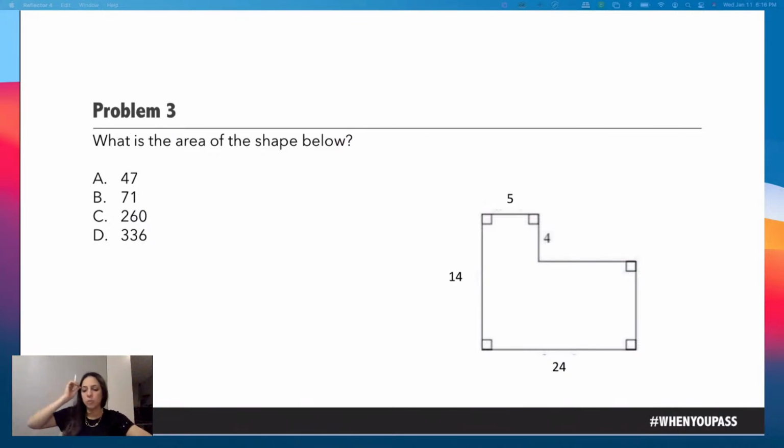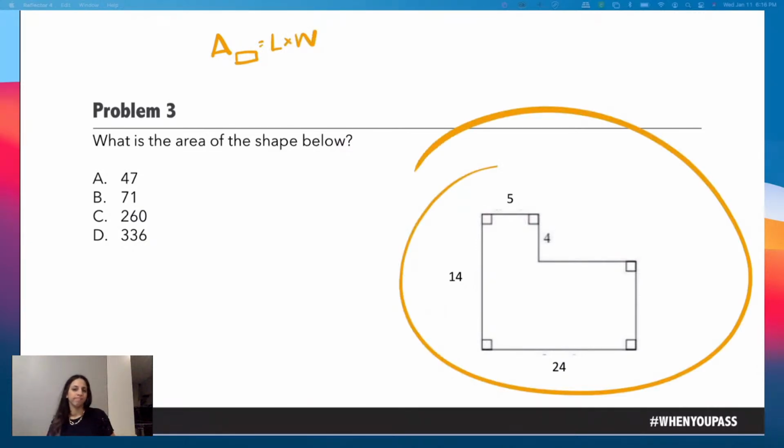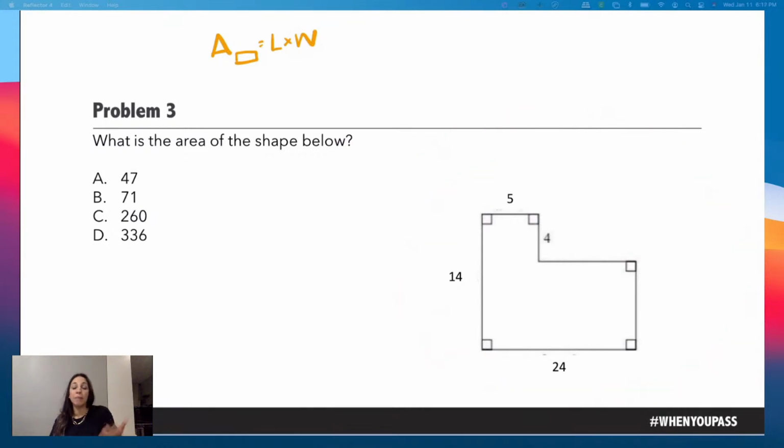So when we look at this problem, I immediately see a shape that I don't have a formula for. I know the area of a rectangle equals length times width. But is this a rectangle? It is not a rectangle. So I'm not going to do length times width.